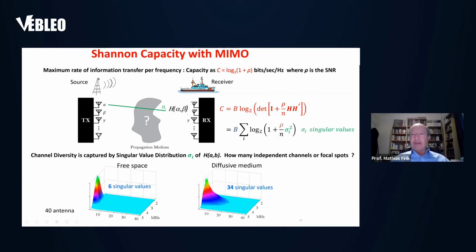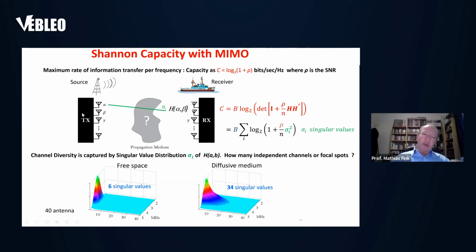And for example, at one frequency, you can see the number of bits per second per hertz that you can send. This is a very nice formula given by Bellatar. You see that you also have the log, but now something appears here. In the determinant, you have H, the transfer matrix, multiplied by H DAG.